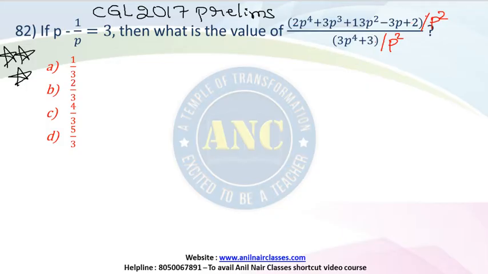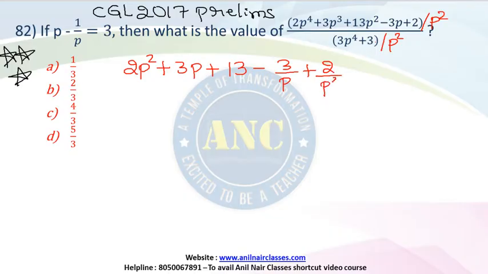2p power 4 by p square is 2p square, plus 3p cube by p square is 3p, plus 13p square by p square is 13, minus 3p by p square is 3 by p, plus 2 by p square, I will write as it is. Whole thing divided by, the denominator is 3p power 4 by p square, which is 3p square, plus 3 divided by p square, I will write as it is.